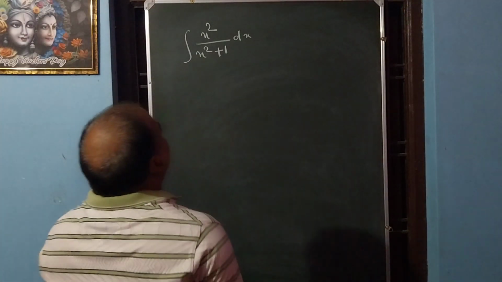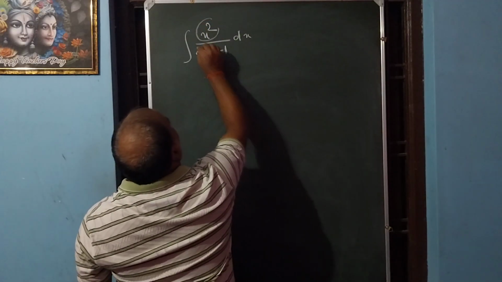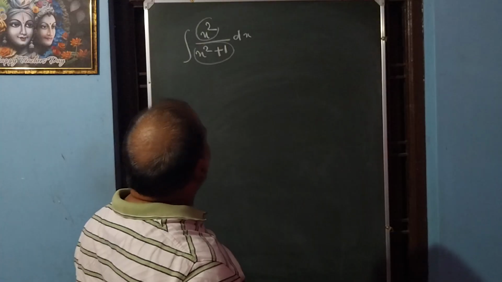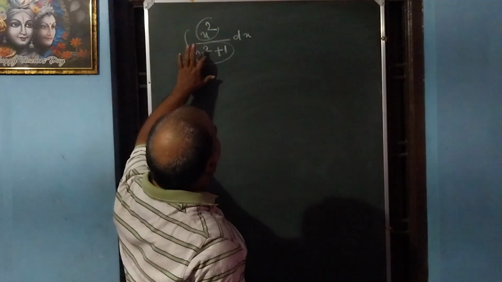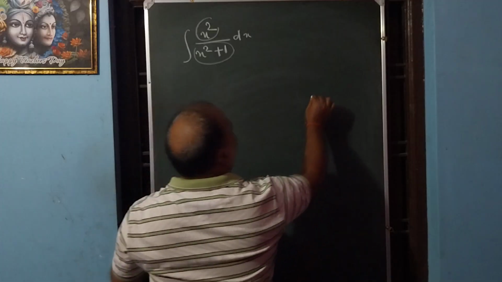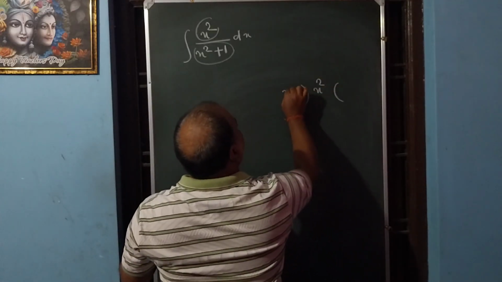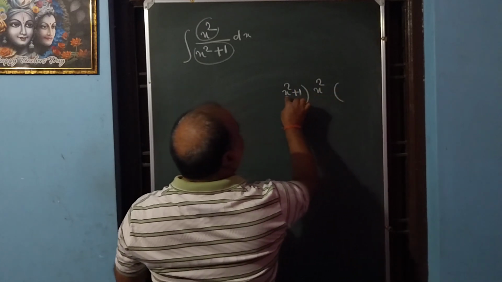So write down. Here the degree of the numerator is x square and the degree of the denominator is also x square. So at that time we have to divide the numerator by the denominator. So we get 1. x square plus 1 divided into x square.